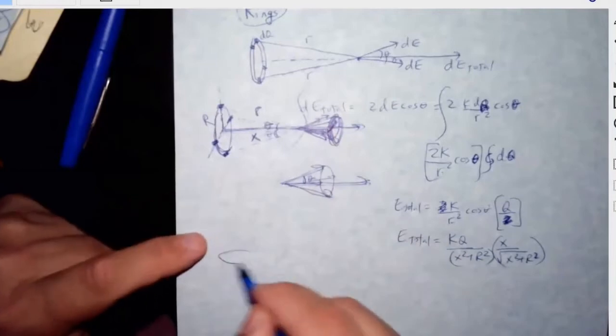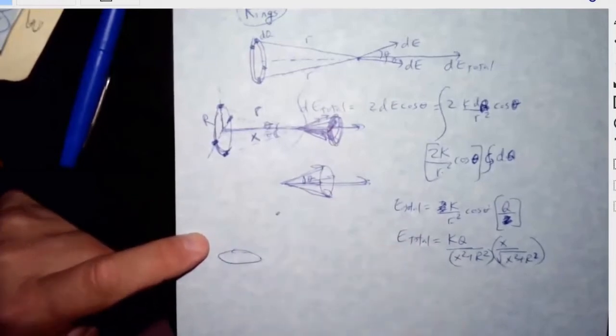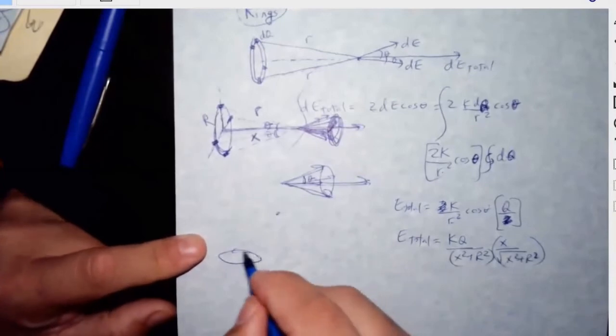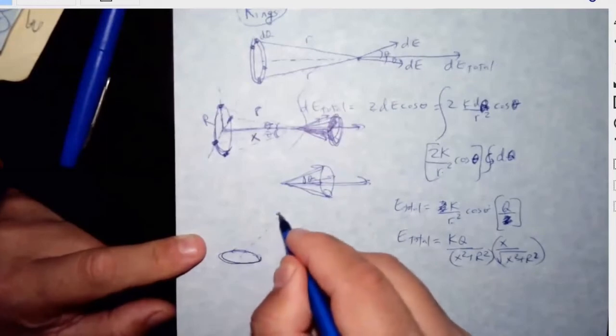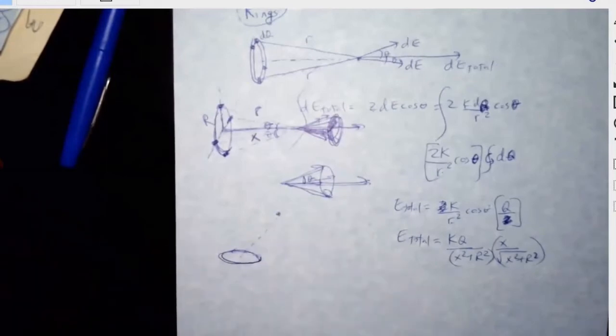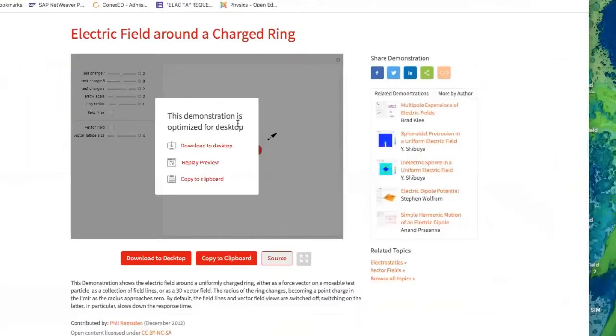Now, it's different if we want to find the electric field at some random point. That's a much harder question. You have a ring like this and you want to find the electric field at some random point. That's what that app does. That app is able to give you the electric field at any point.